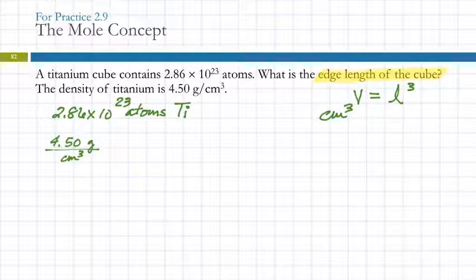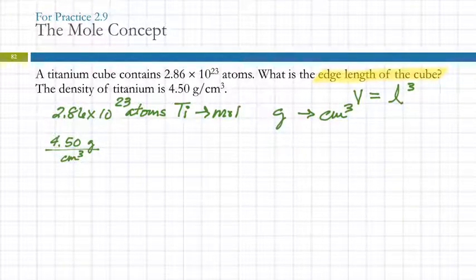Well, I've got atoms, and what do we know how to convert atoms into? Only one thing, moles. So I can go atoms to moles. What does this density allow me to convert? Grams and cubic centimeters. If I want cubic centimeters over here, the one right before it is going to be grams.